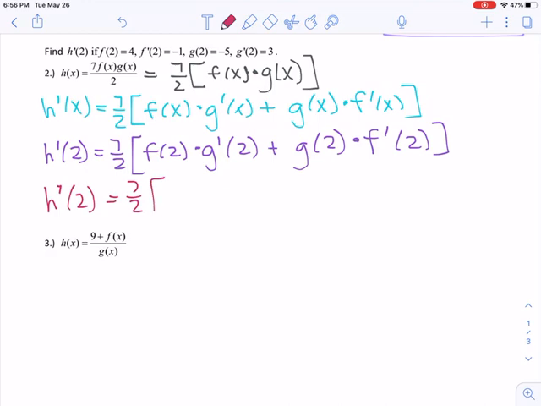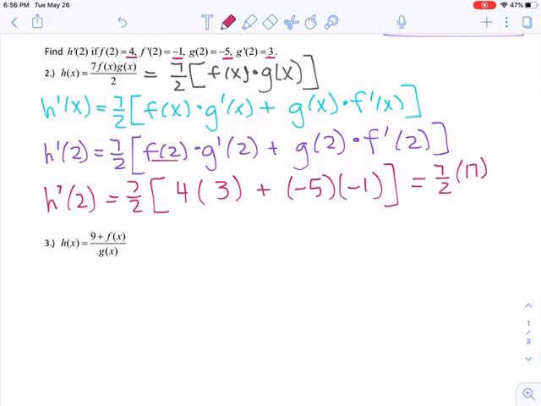So we're going to have a 7/2 out in front. f of 2 is 4, times the derivative of g at 2, which is 3, plus the value of g at 2, which is -5, times the derivative of f at 2, which is -1. And that's going to give us a 12 plus 5 inside, which is 17. So if we have 7/2 times 17, that's going to give us 119/2.